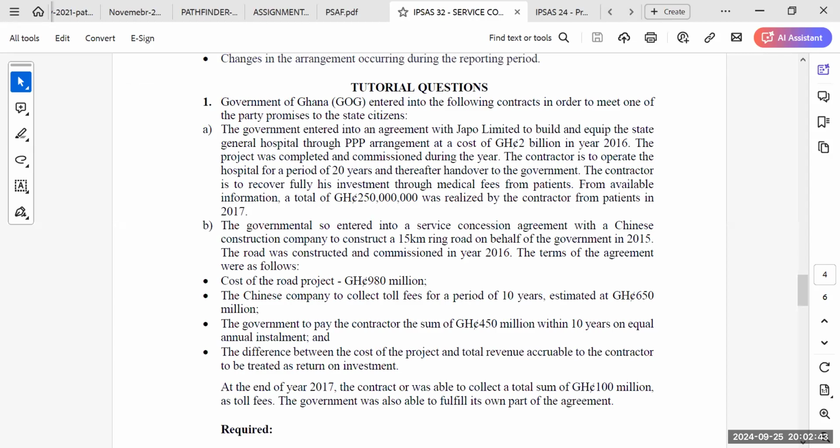Can we say the government received the revenue and paid it to the contractor? I think the liability will be reduced by the 250.